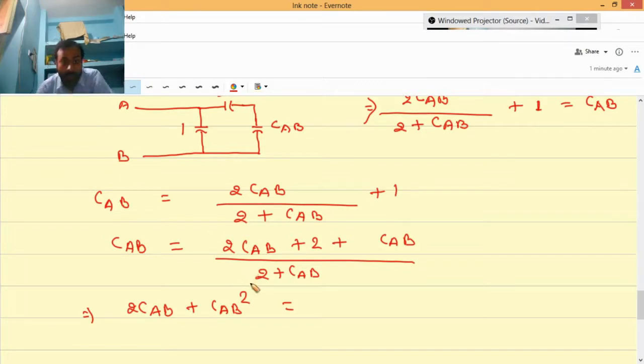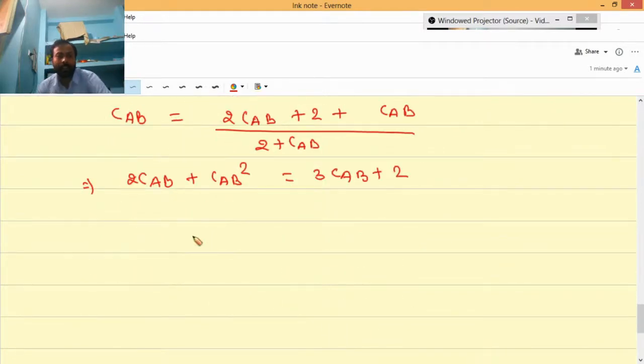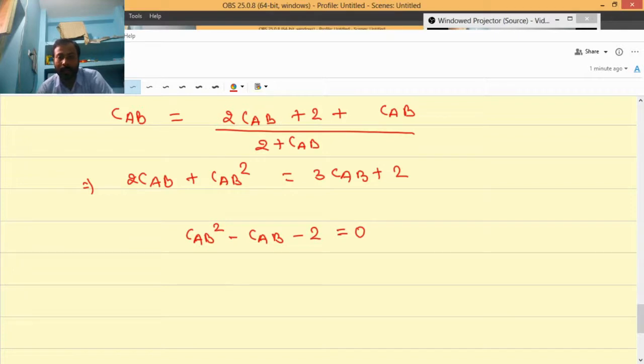What remains is 2 C_AB plus C_AB squared equals 3 C_AB plus 2. So we get C_AB squared minus C_AB minus 2 equals 0. Now you have to solve this quadratic equation.